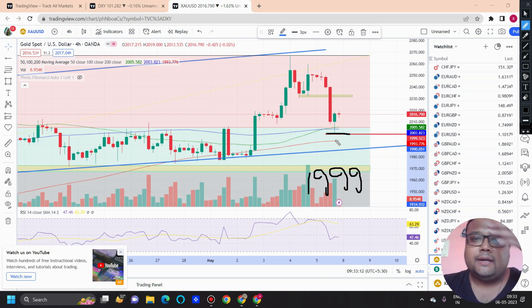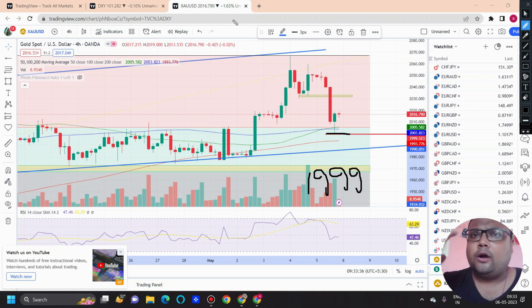Again, we have some minor support from the 200 moving average around the 1993 level, so no need to take huge risk. If the market is going down and the selling pressure is good enough, you can look for a sell below 1999 and your target can be 1996.